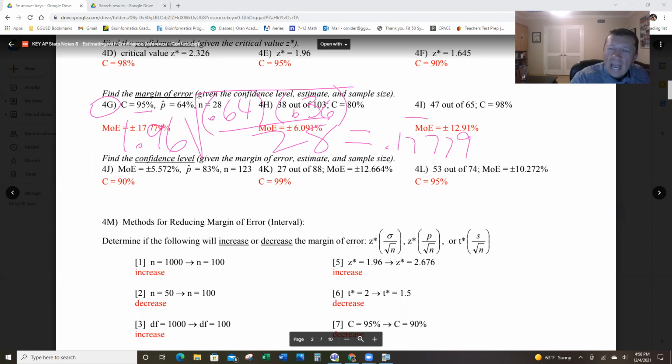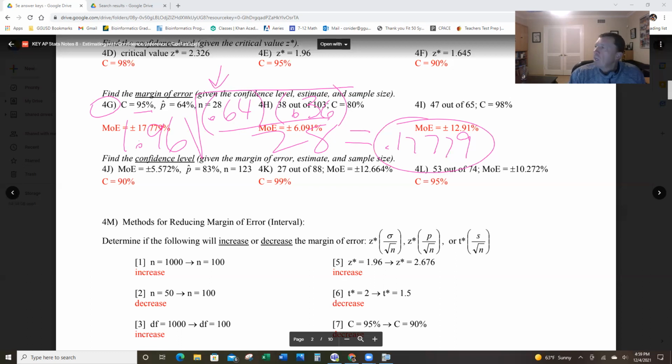It's about an 18% margin of error. That's really huge. It's so big because n is 28. You have such a small sample size. That's a massive margin of error. Okay, I wrote it in whole numbers. Margin of error is 17 or 18%, but if you write it this way, it's probably better. 0.1779, just rounded two spots, about 18%.